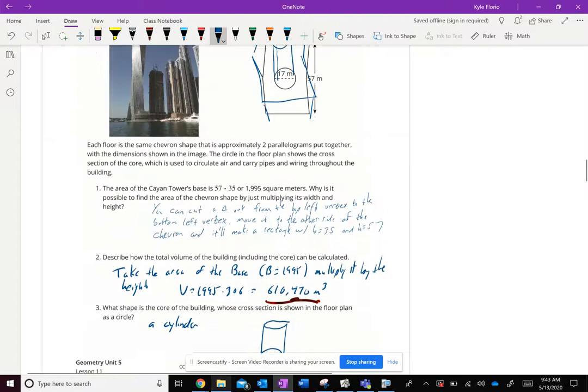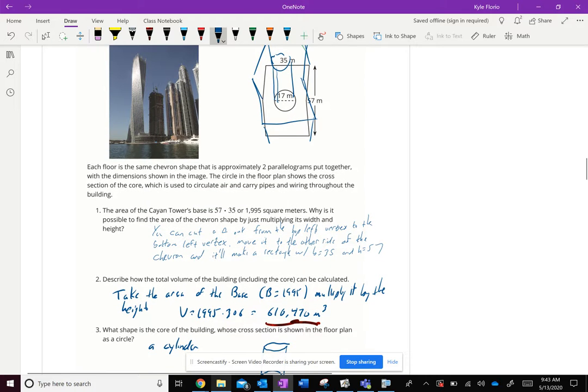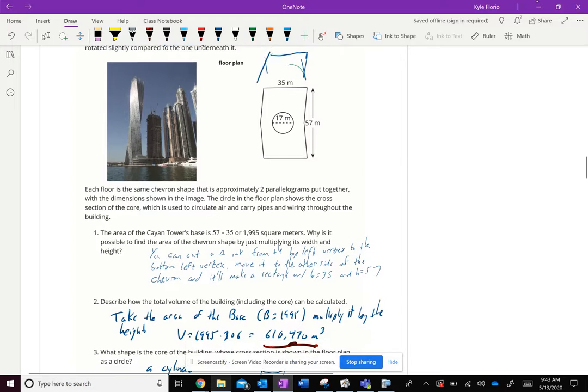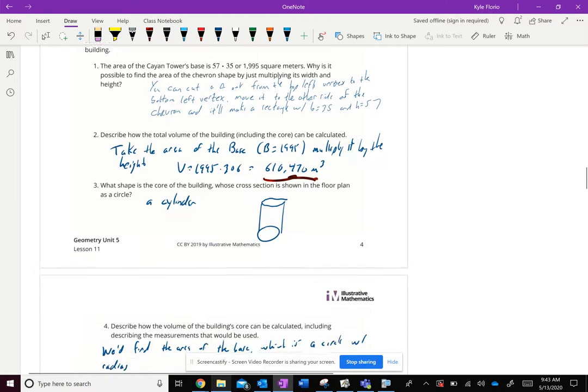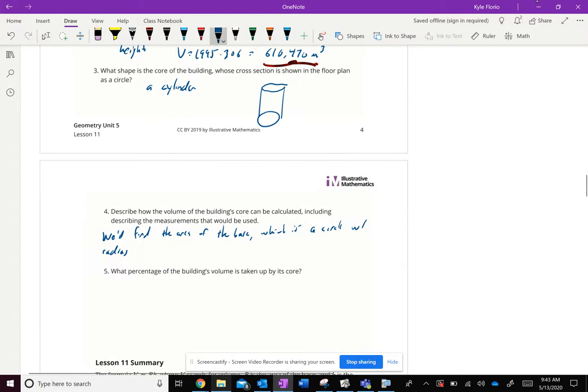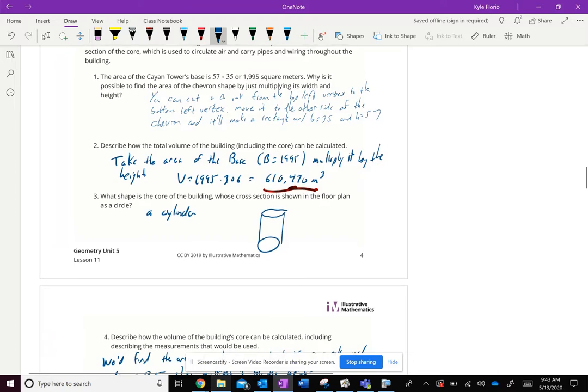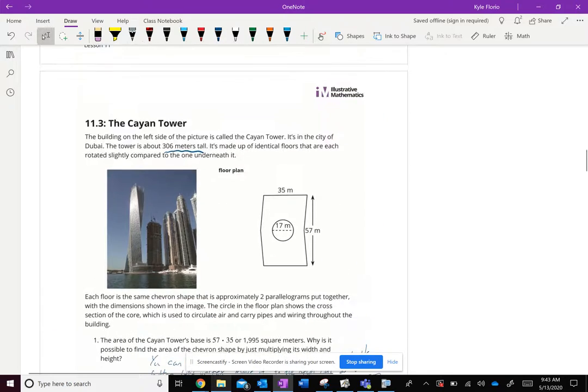If the whole diameter of the circle is 17, then the radius is half of 17, which is 8.5. So we'd find the area of the base, which is a circle with radius 8.5, and then multiply it by the height, which we said was 306. Yep, 306.